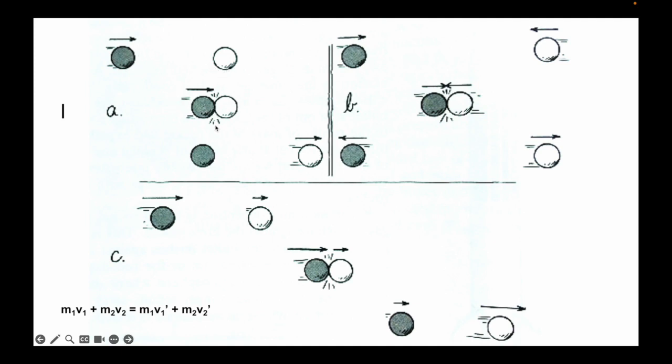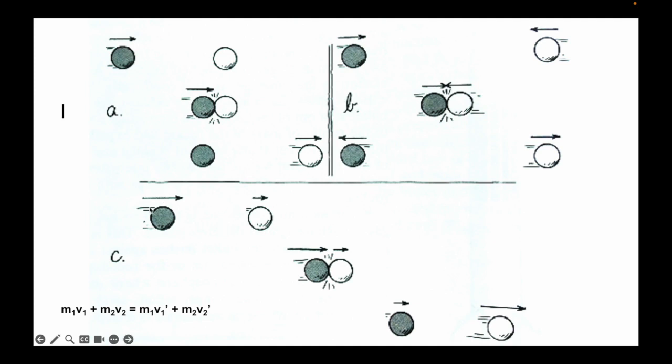When they smack together, the darker ball is going to stop rolling, and the white ball takes all of that kinetic energy, that velocity, especially if their masses are the same. For B, if they're both coming at each other, they smack into each other, and the darker ball gives its motion to the white ball, and the white ball gives its motion to the darker ball.